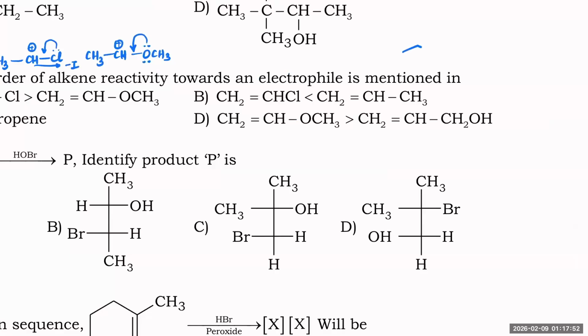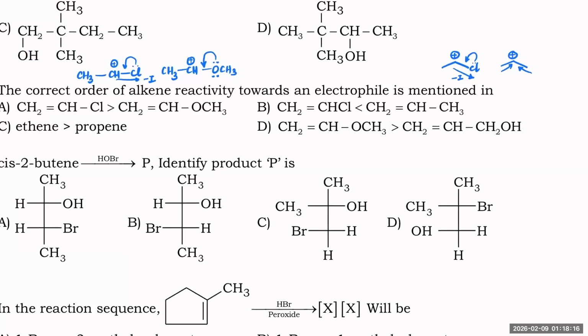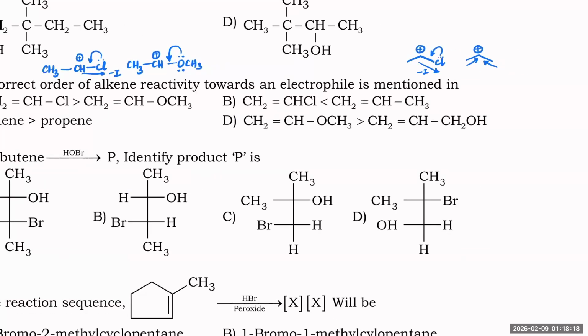Same logic here also. If at all I get a positive charge here with chlorine following Markovnikov's rule versus a carbocation here. Although, again, like I said, chlorine might be donating, but at the same time, it is strongly withdrawing. Oh, sorry. In this case, there is a problem. I'll tell you why. See, in this case, if you compare, we have a positive charge here.